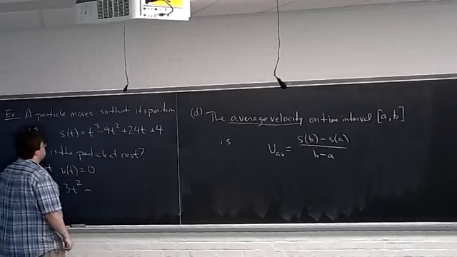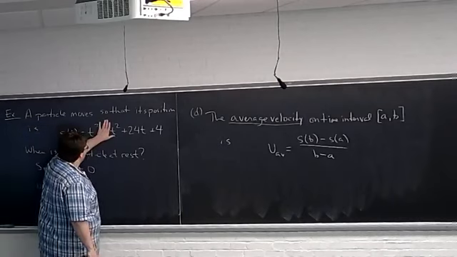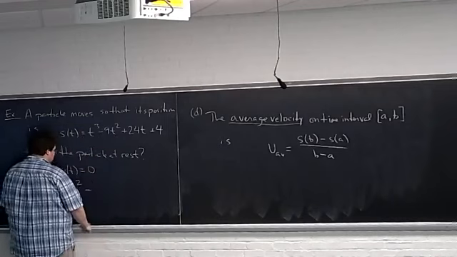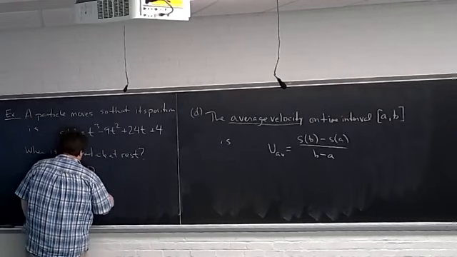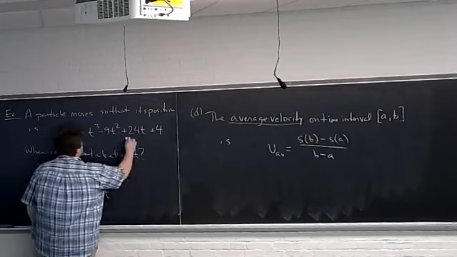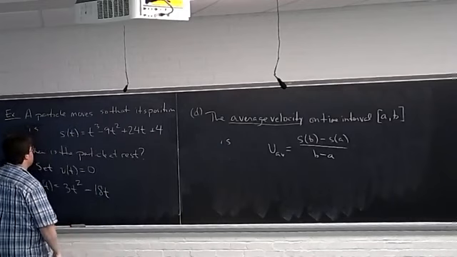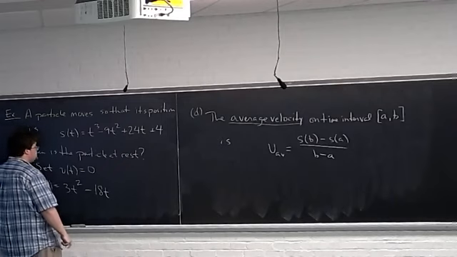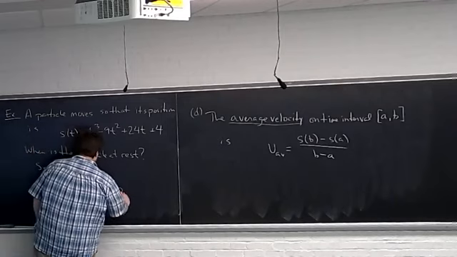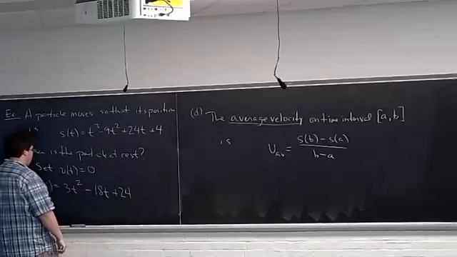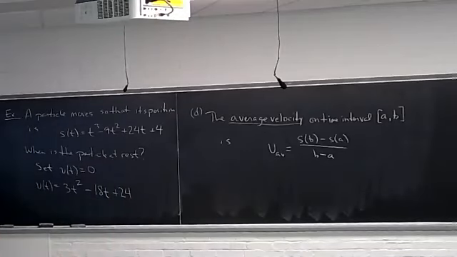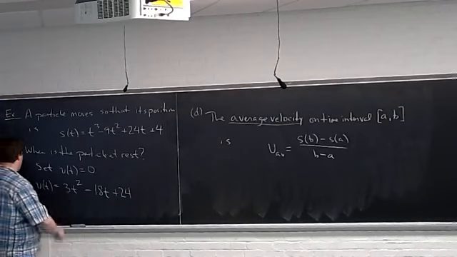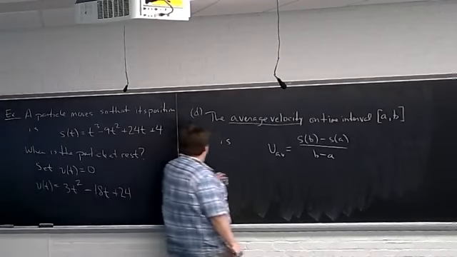The next one, t squared, derivative is 2t times negative 9, so negative 18t. With the power rule, the derivative of a constant times a single variable to the first is just that constant. And 4 is a constant, derivative of that is 0.